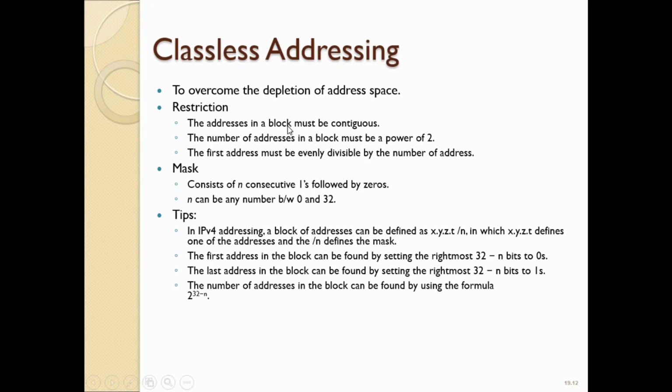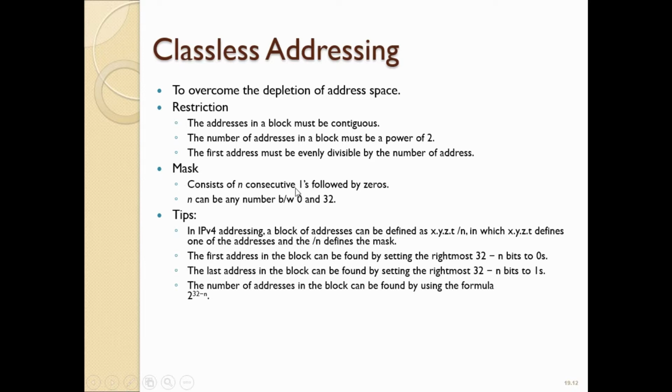The addresses in the block must be contiguous, meaning the addresses should be followed by either zeros or ones. The number of addresses in a block must be a power of 2. The first address must be evenly divisible by the number of addresses. We'll see an example to understand the restrictions.